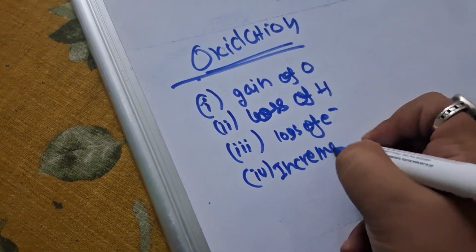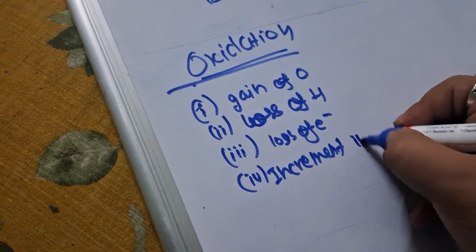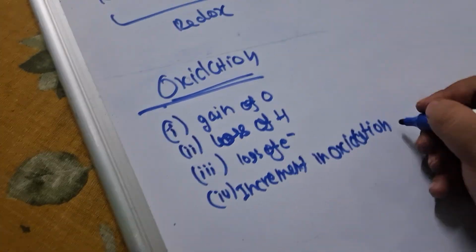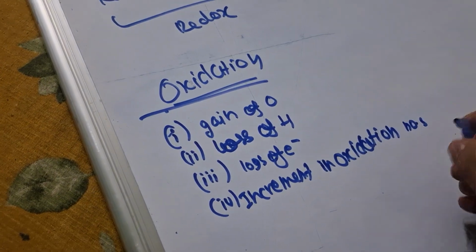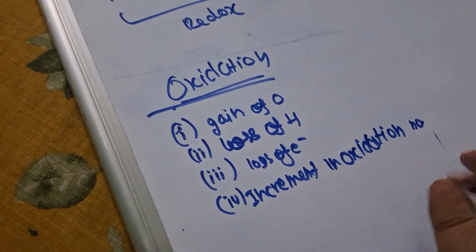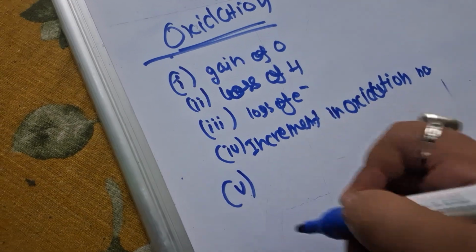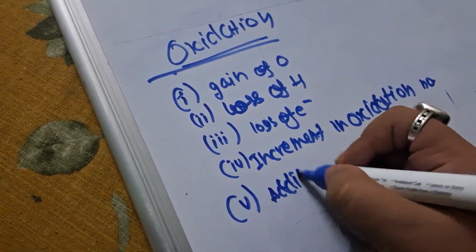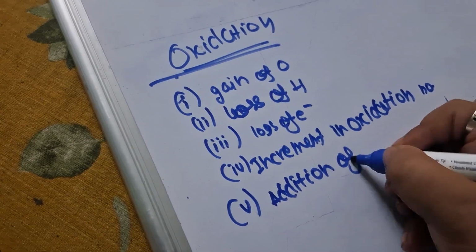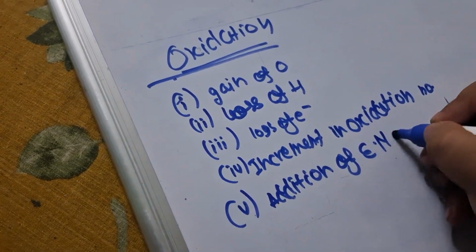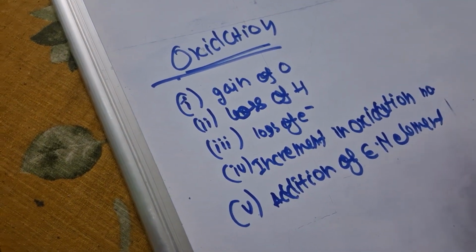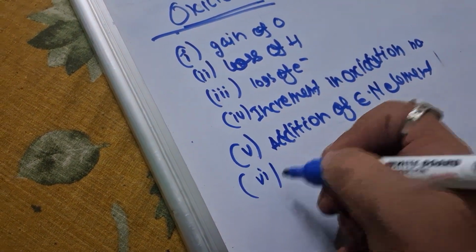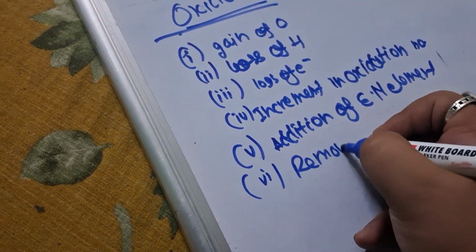Increment in oxidation number. We'll study what an oxidation number is. I'll give you some easy formulas too. Addition of electronegative element, and sixth, removal of electropositive element.